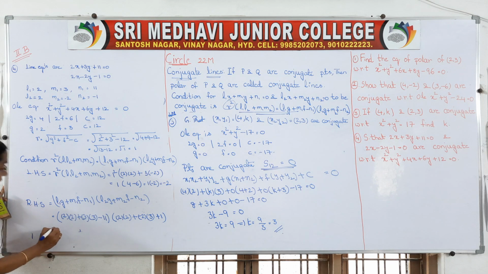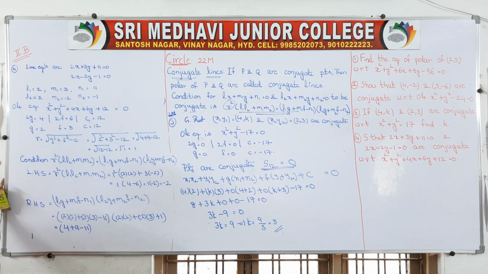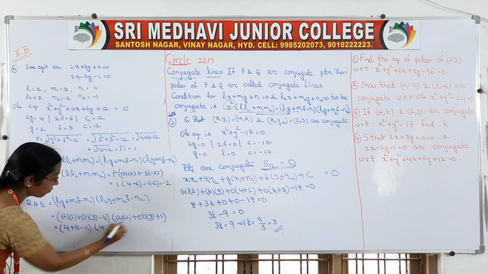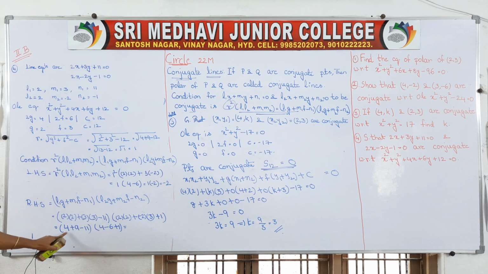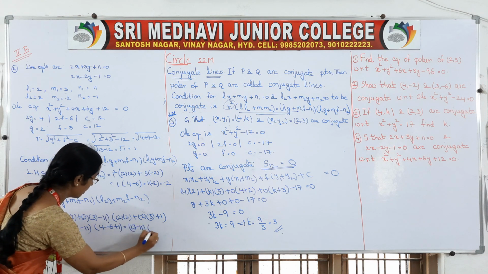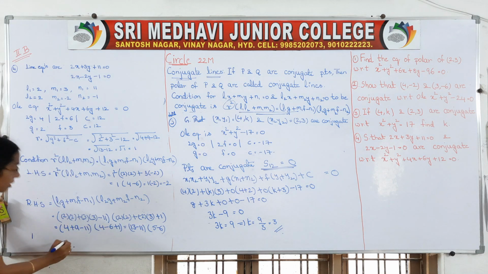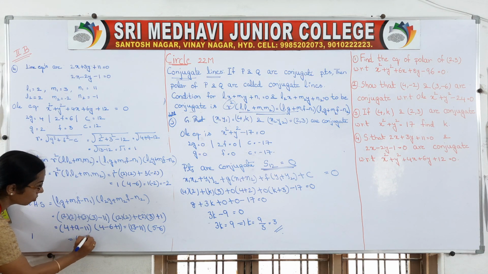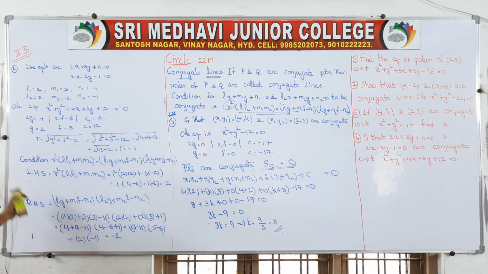Come on, is equal to 2 2s are 4, 3 3s are 9, minus 11, and here 2 2s are 4 minus 6 plus 1, is equal to 13 minus 11 and this one 5 minus 6. So 13 minus 11 is 2 and this is minus 1, is equal to minus 2.